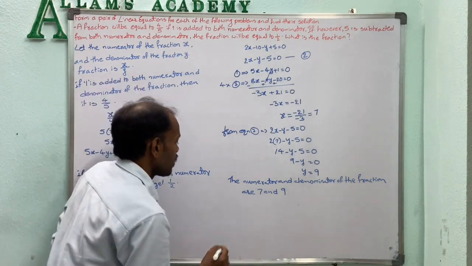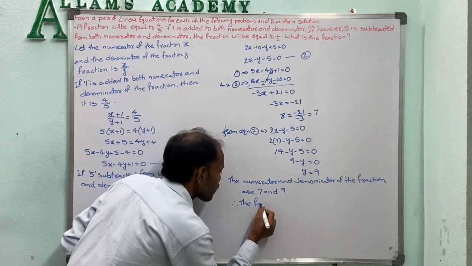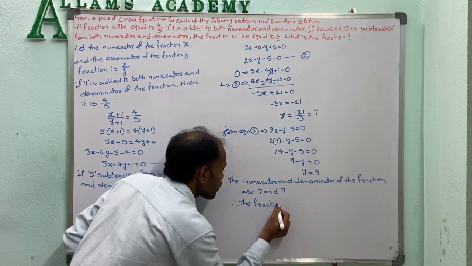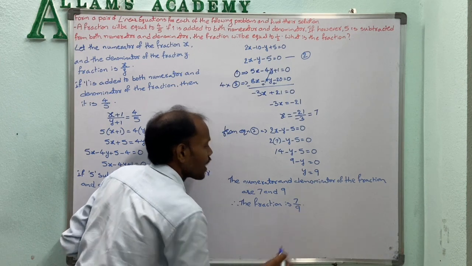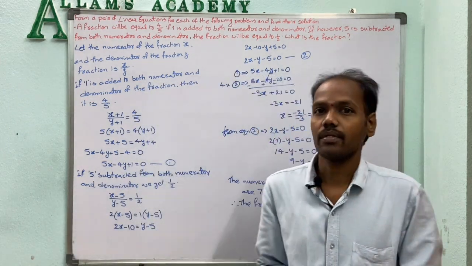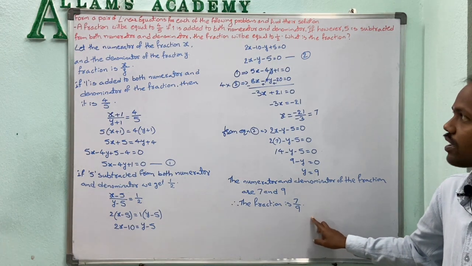So therefore the fraction is 7 by 9. Okay.